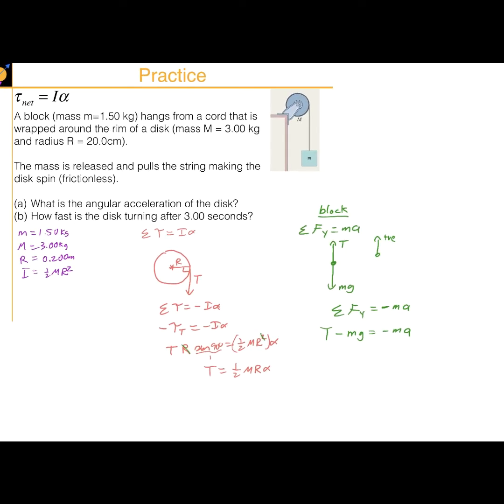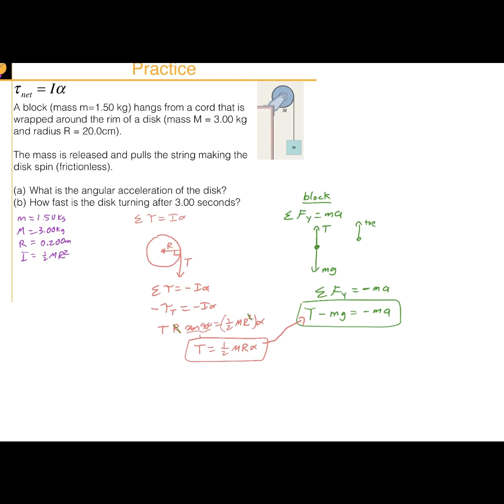So now we have two equations and two unknowns, right? We want to find the angular acceleration. So I'm just going to take this tension here and plug it into there and then solve for the acceleration. So let's do it then. So I'm going to plug in 1/2 mr alpha for the tension, minus mg equals minus ma.